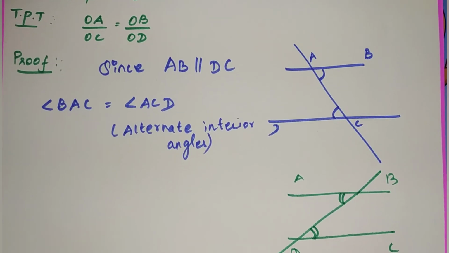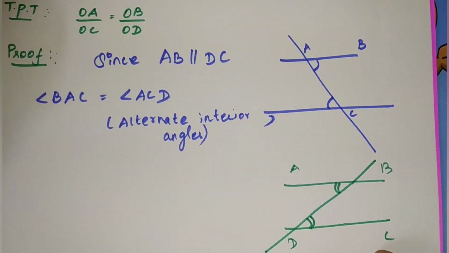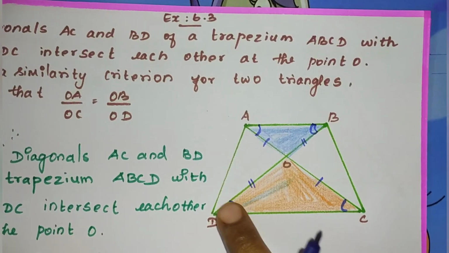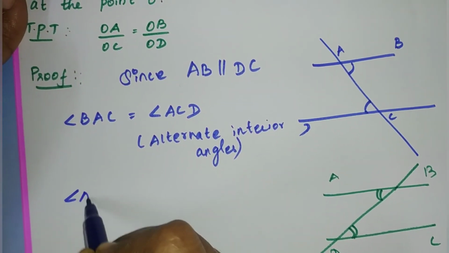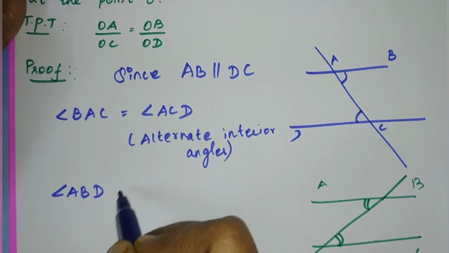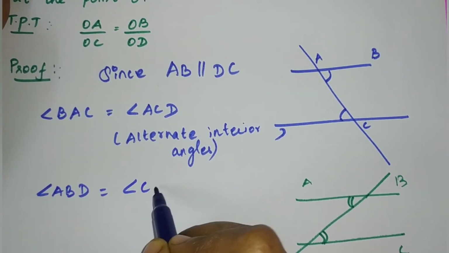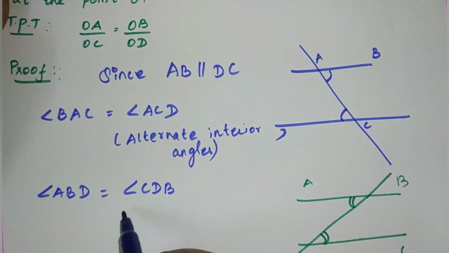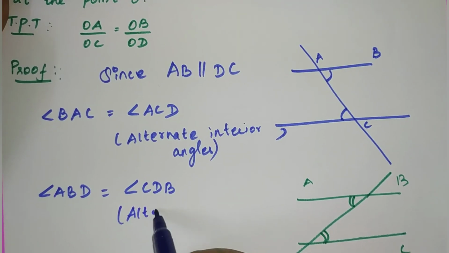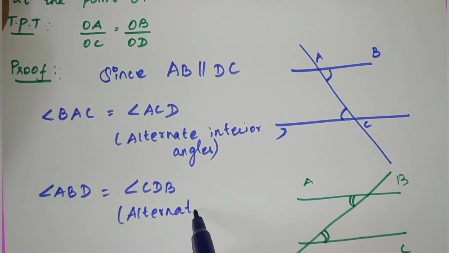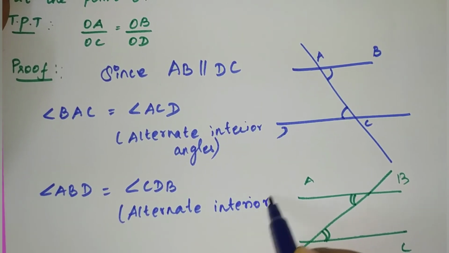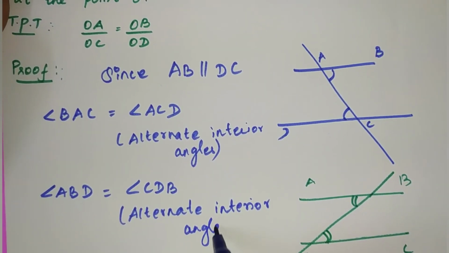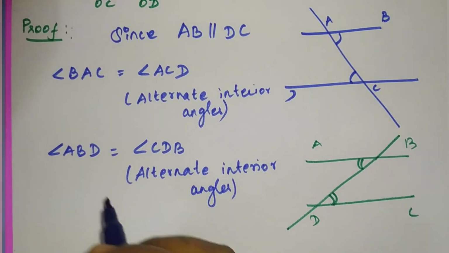Again alternate interior angles are equal. That is angle B and angle D. So angle ABD is equal to angle CDB. Again alternate interior angles are equal. Clear?